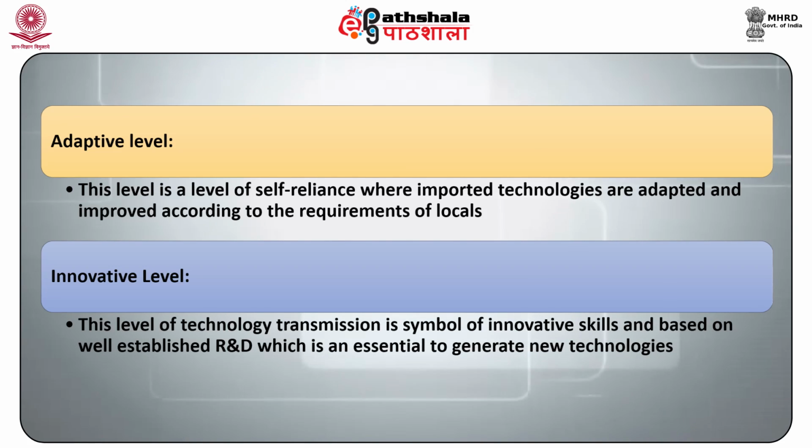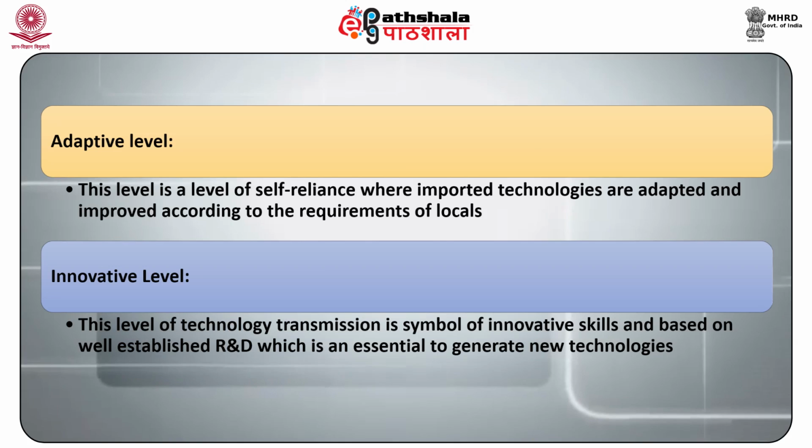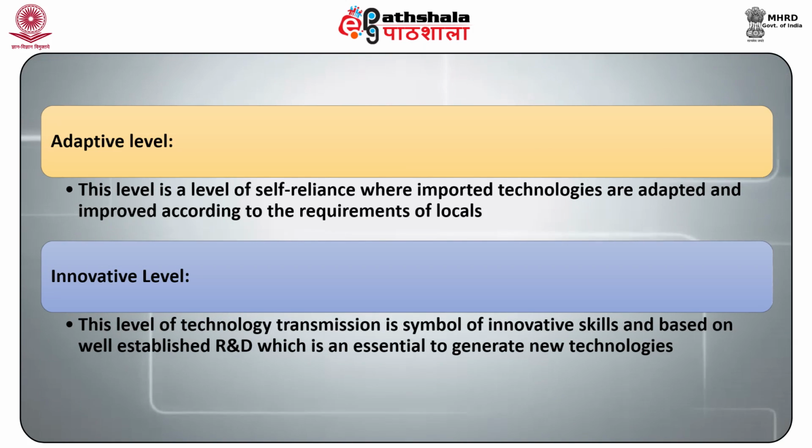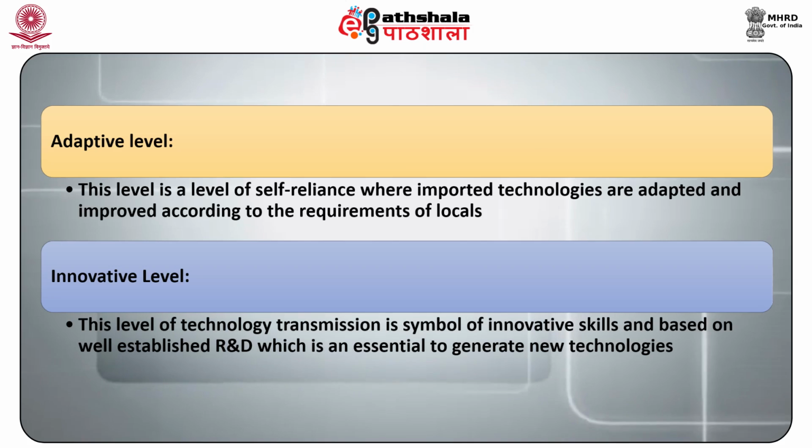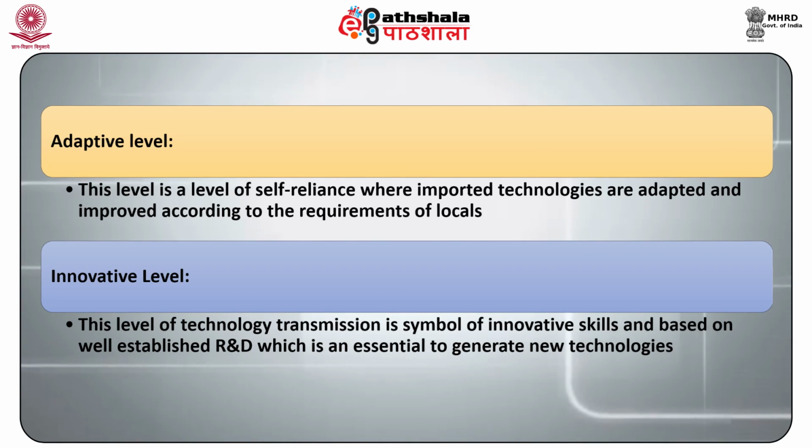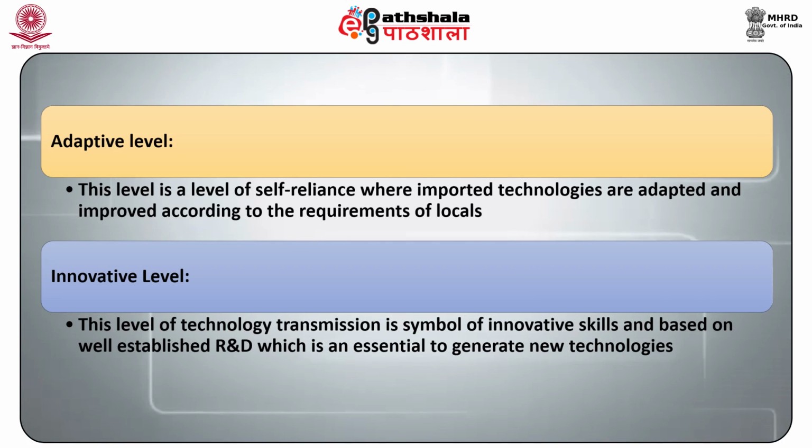This level is a level of self-reliance where imported technologies are adapted and improved according to the local requirements. Innovation or the innovative level. This level of technology transmission is a symbol of innovative skills and is based on well established R&D, which is essential to generate new technologies.